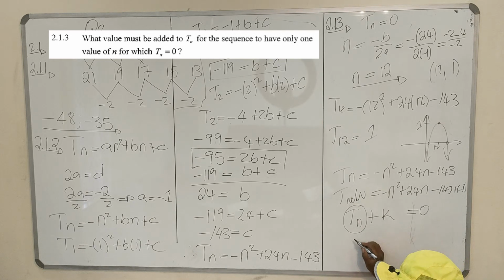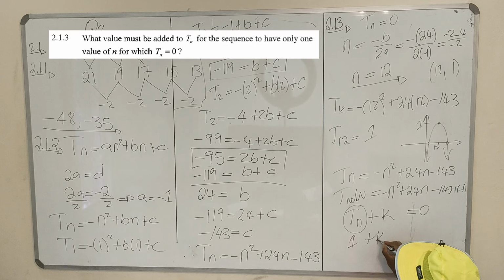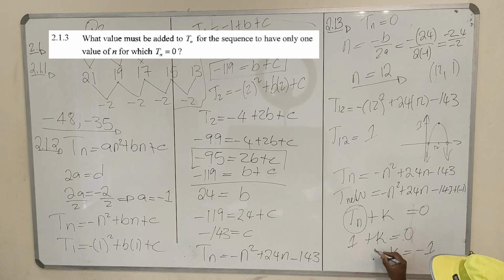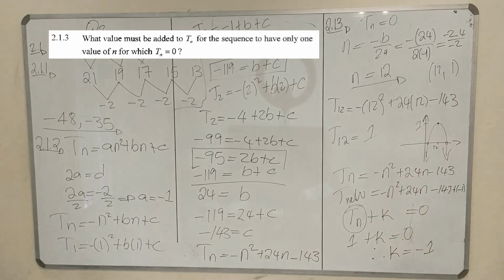So what is the largest value of your sequence? It's 1. I'm saying 12 is the x value. Plus k is equal to 0. Therefore your k is equal to minus 1. So you must add minus 1 to the sequence.